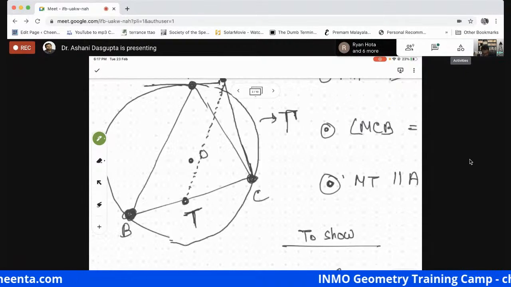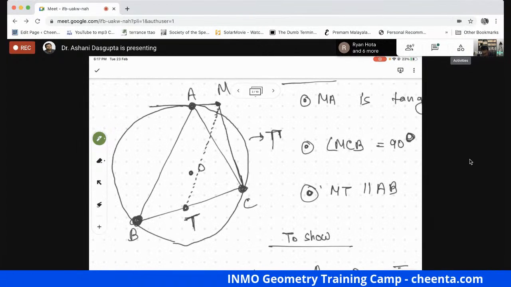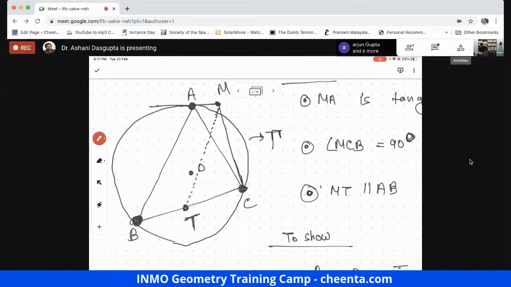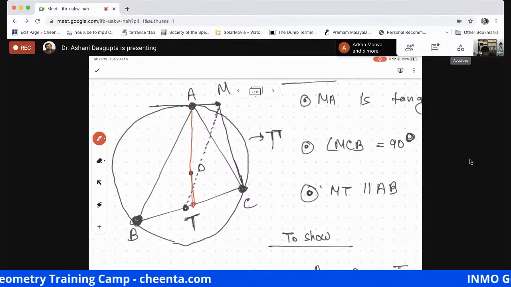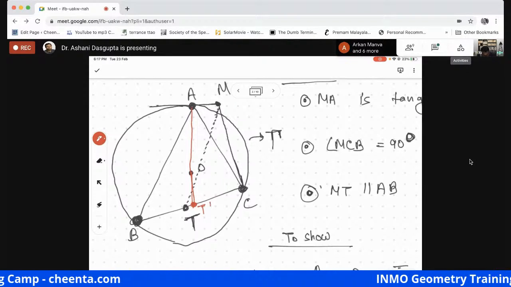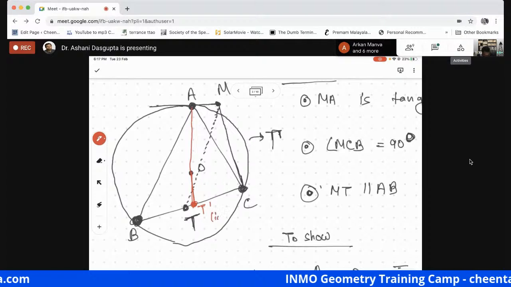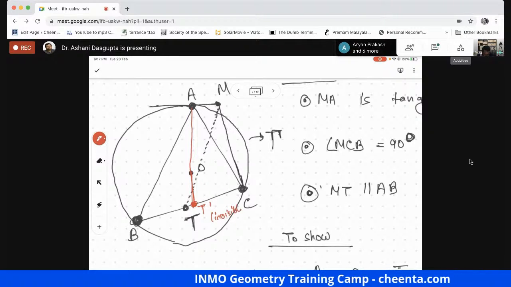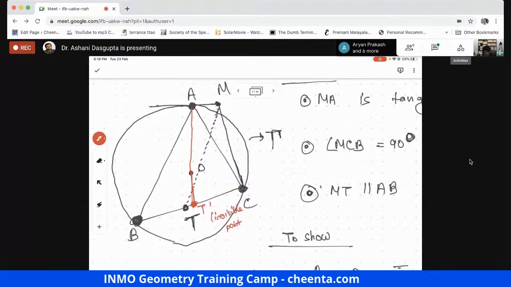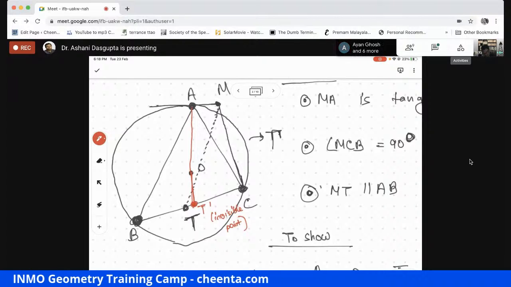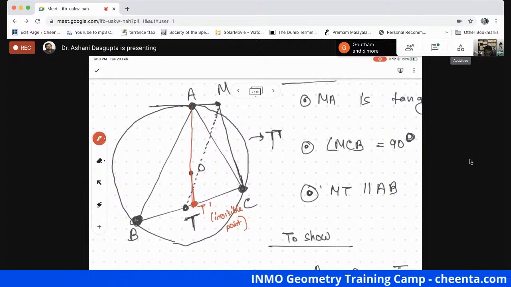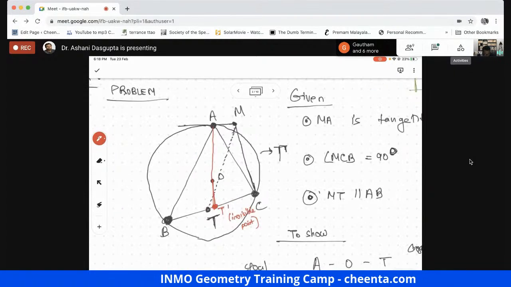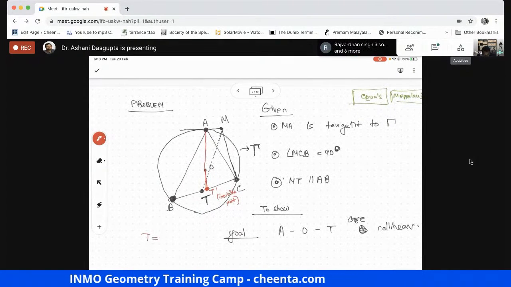Okay, so how do I use the invisible point technique? What I do is I'll be just joining AO and creating a point T prime, which I will call the invisible point, because of course T prime was not there up to this time. So this point T prime is now here. I will be showing that T and T prime are the same point. T is equal to T prime.